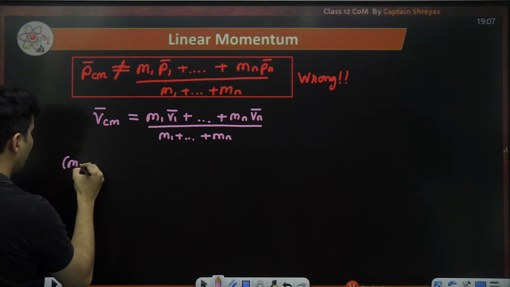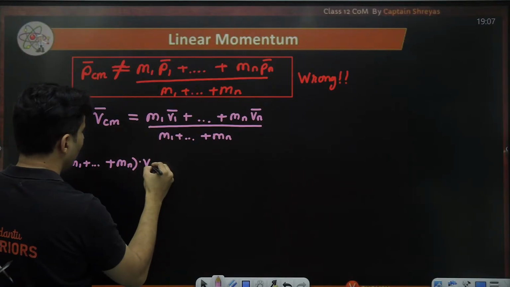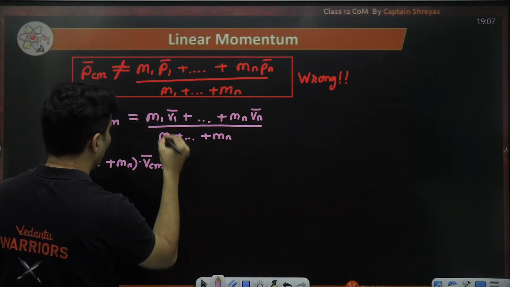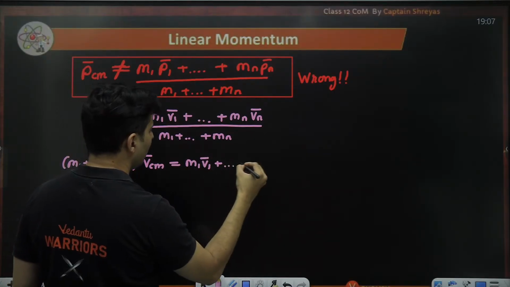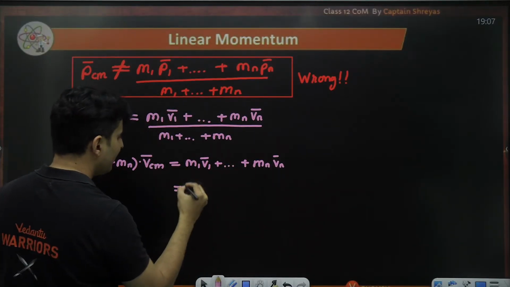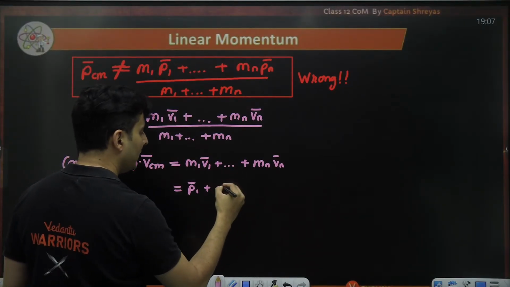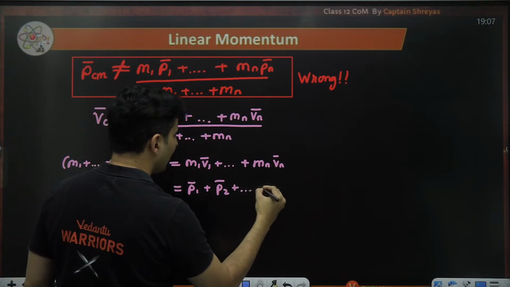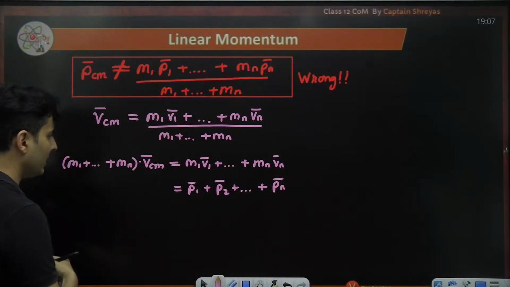So this will become m1 plus m2 like that till mn into VCM, and on the numerator side you will have m1 v1 plus m2 v2 like that till mn vn. Now what is m1 v1? It is the first momentum. What is m2 v2? Second momentum. Like that, mn vn will be nothing but the nth momentum. Momentum is mass into velocity.